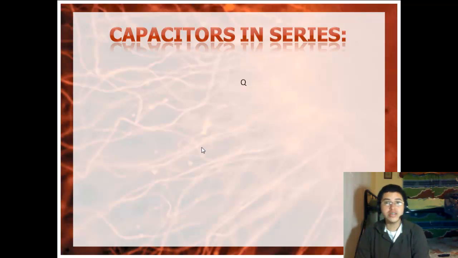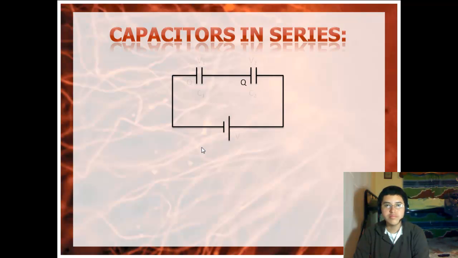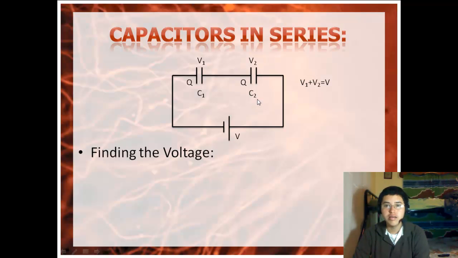Now for capacitors in series. Here we have a series circuit with two capacitors. We can say that the total voltage equals the summation of the individual voltages, which is V1 and V2, seen here and here for each capacitor, C1 and C2.